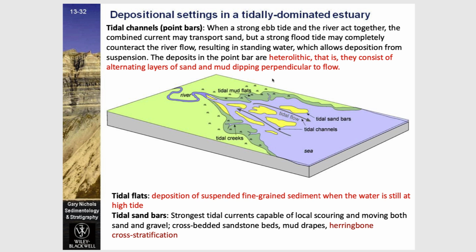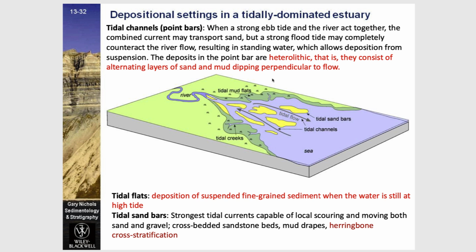And on the side, when we meet the coastal plains, we tend to form tidal mudflats. So mudflats will develop on the side and result in similar types of sedimentary structures as mentioned earlier.